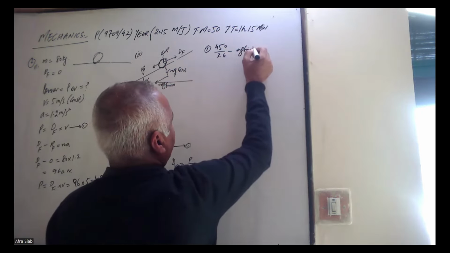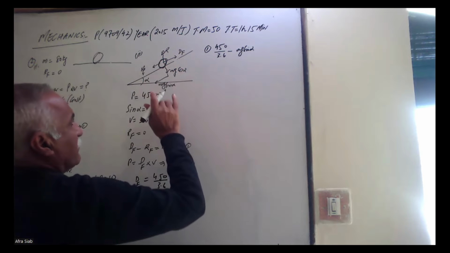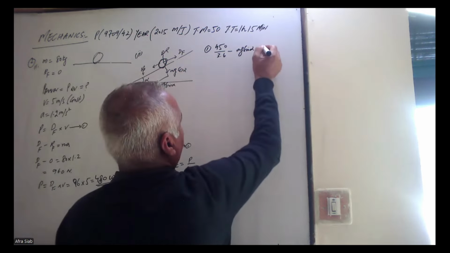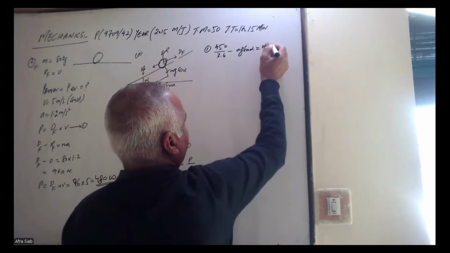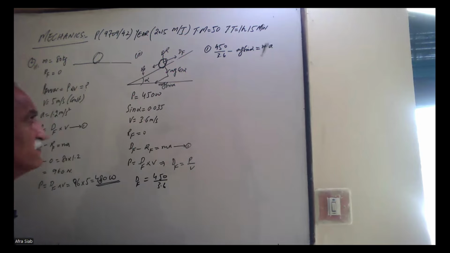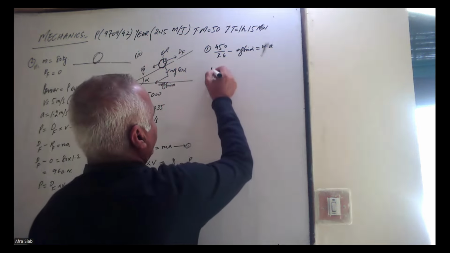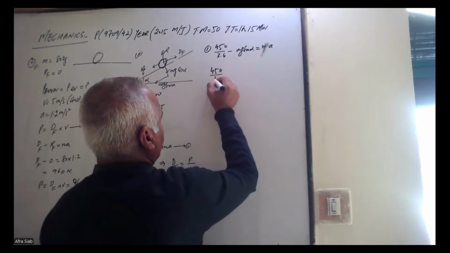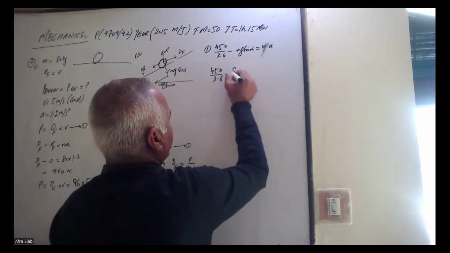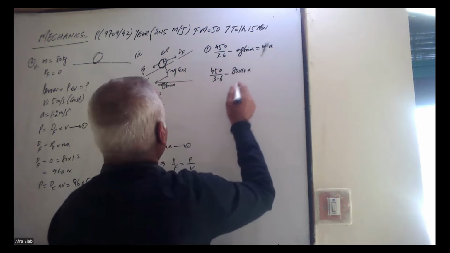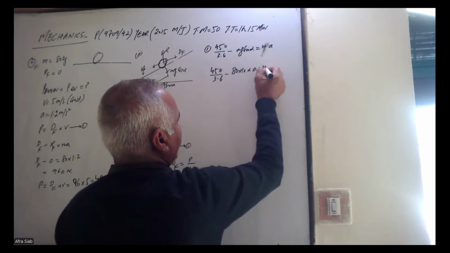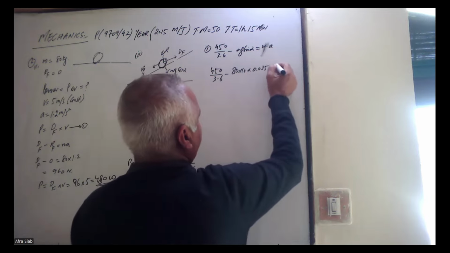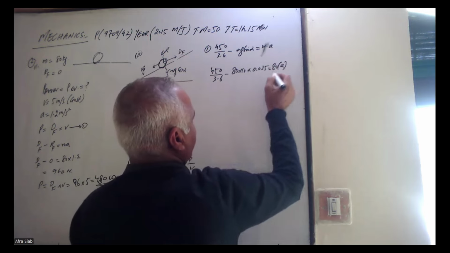but there is mg sine alpha also with this resistive force, and that thing is equal to m into a, the mass of that, the acceleration we have calculated already, which is equal to 80 kg. So this will become 450 over 3.6, mass is 80, g is 10, sine of alpha is already given to you, 0.035, mass of that particle is 80 into acceleration a there.